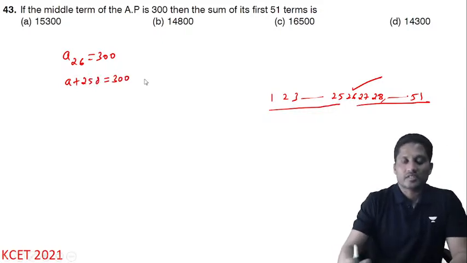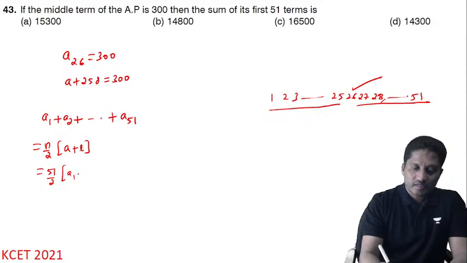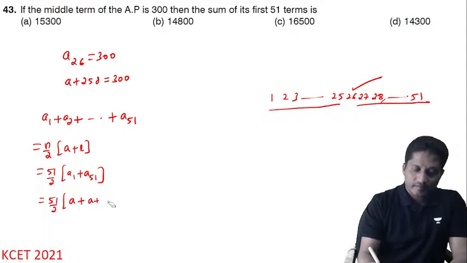Then the sum of the first 51 terms, A1 plus A2 and so on up to A51. What's the formula? N by 2 into A plus L, first term plus last term. So this is 51 by 2 into first term A1, last term A51. The first term is A, the 51st term is A plus 50D.